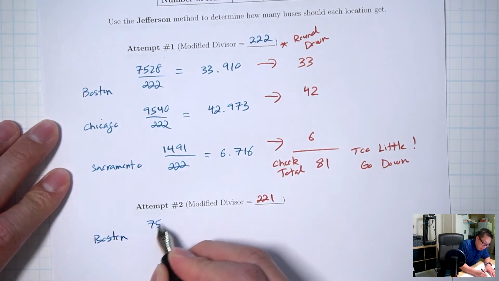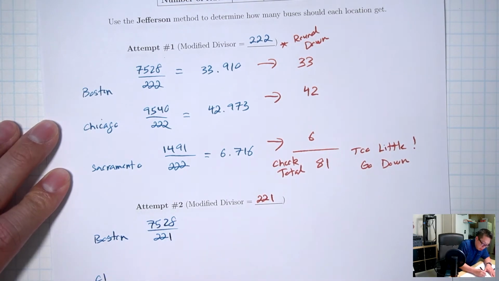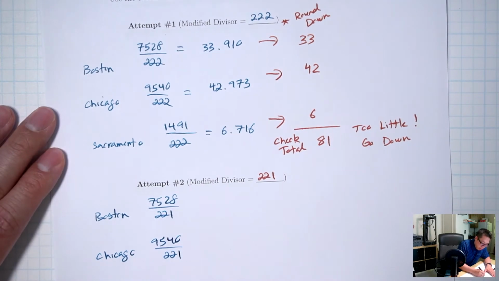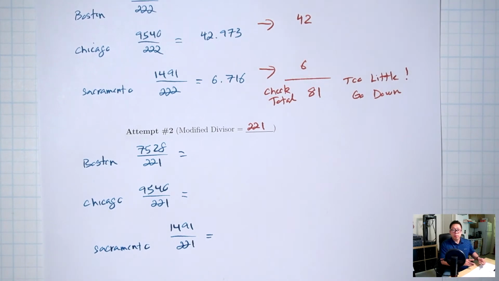So 7528 over 221. Chicago, 9540 over 221. And Sacramento, 1491 over 221. Right? Divide. 7528 divided by 221.